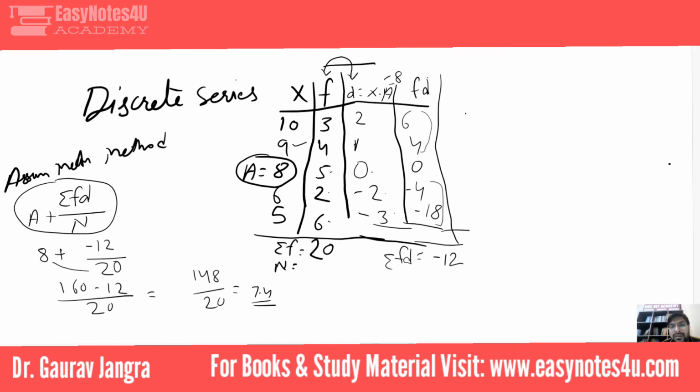Okay, if you want to calculate it from the step deviation method, in the step deviation method one more step will be added. So how can we calculate this from the step deviation method? In the step deviation method, first of all you have to take a common factor from the deviations.